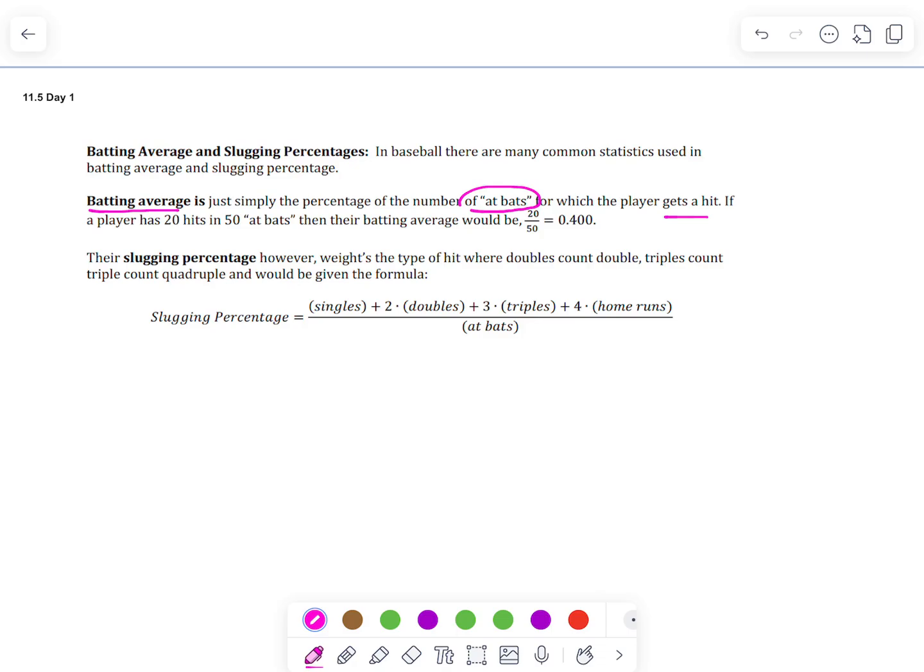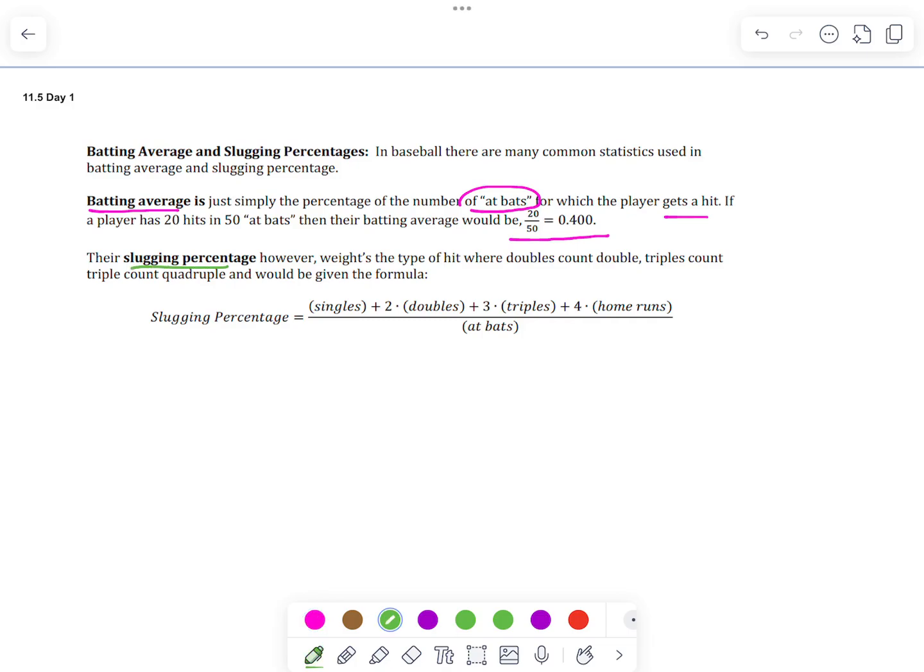So for example, if a player has 20 hits in 50 at-bats, they batted 50 times and got 20 hits. So you take 20 divided by 50, and you get 0.40 or 40%.